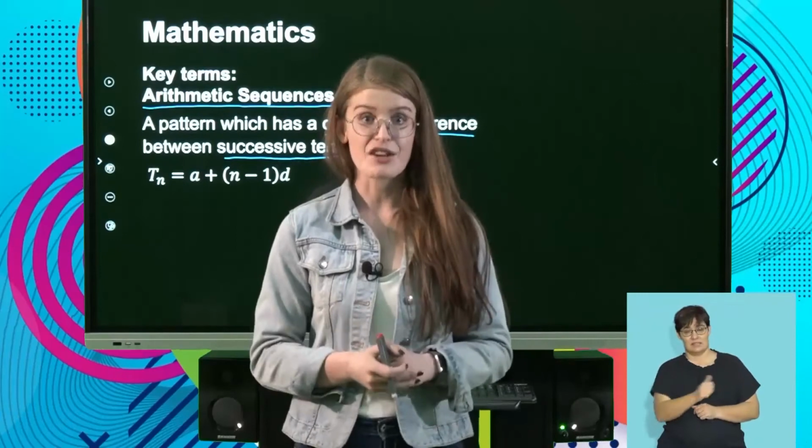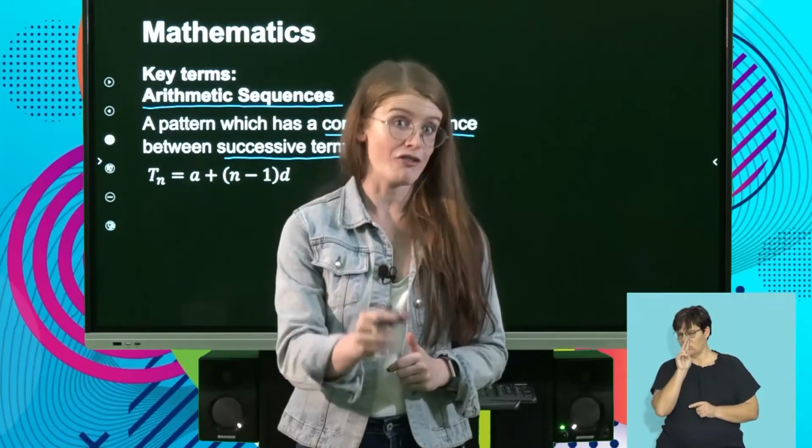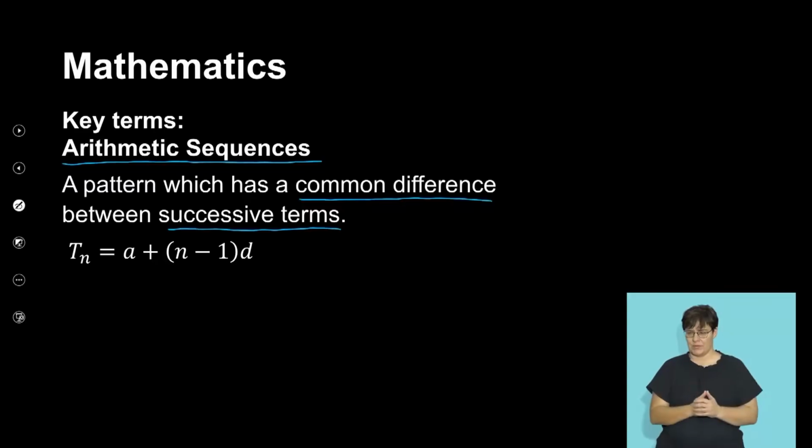Let's remind ourselves of the general form of an arithmetic sequence. So just a reminder everyone, for an arithmetic sequence, the nth term Tn is equal to a plus (n minus 1)d. a represents the value of term 1 and d represents my common difference.